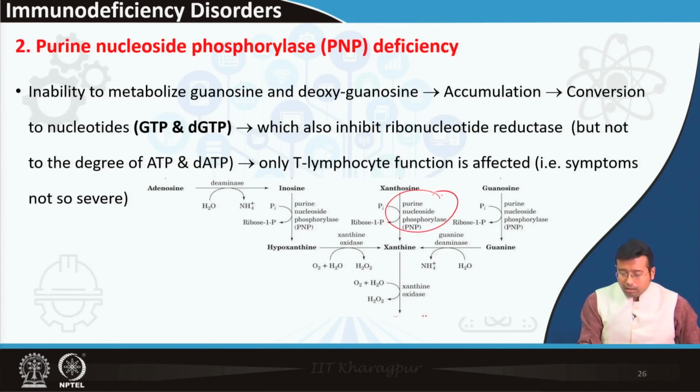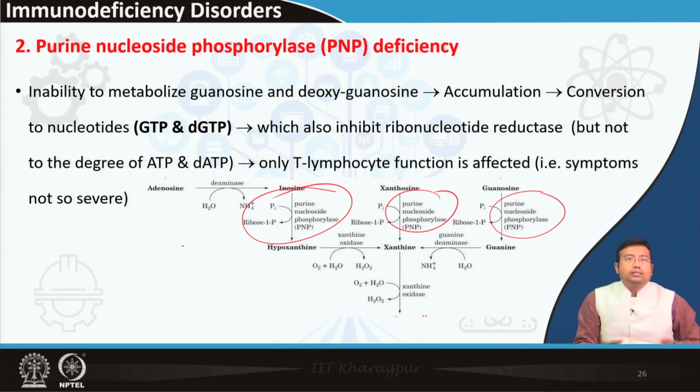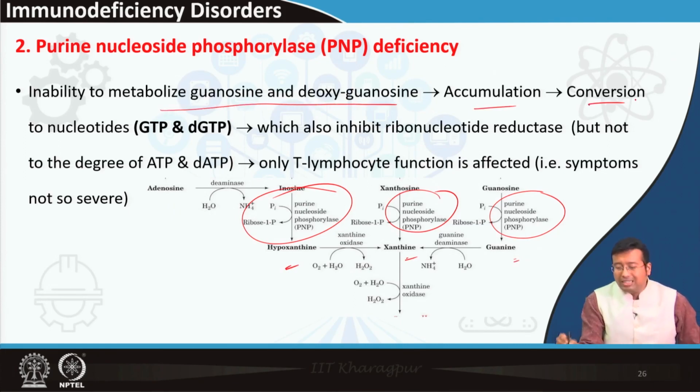Next, purine nucleoside phosphorylase. So, this is the enzyme PNP, right. If this enzyme is defective, there will be ineffective conversion of IMP to hypoxanthine, xanthine and guanine, right. So, basically inability to metabolize guanosine and deoxyguanosine, and ultimately accumulation of their nucleotides.